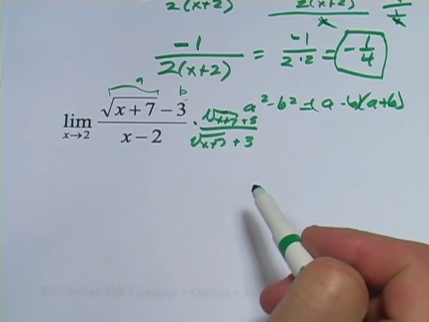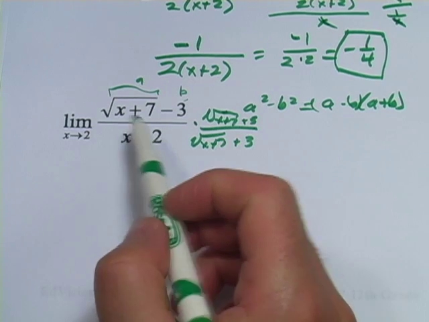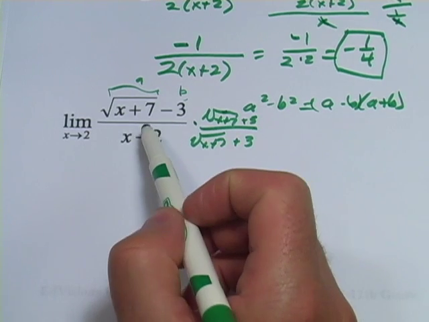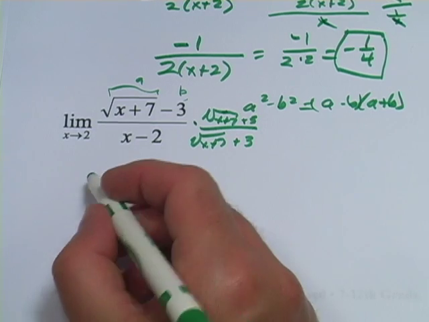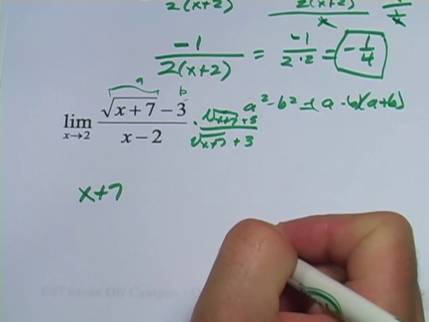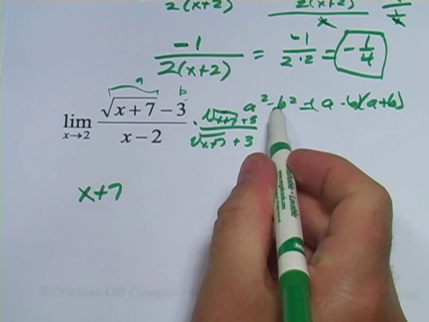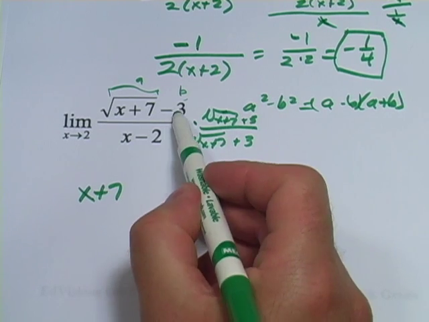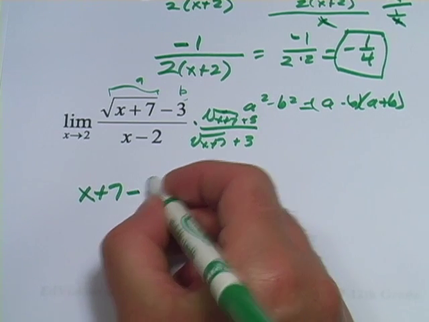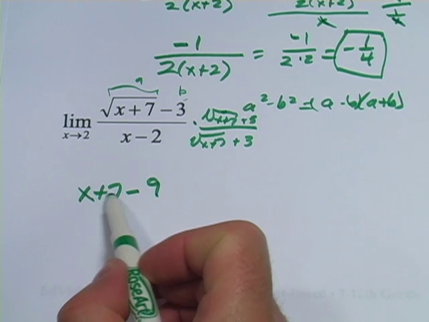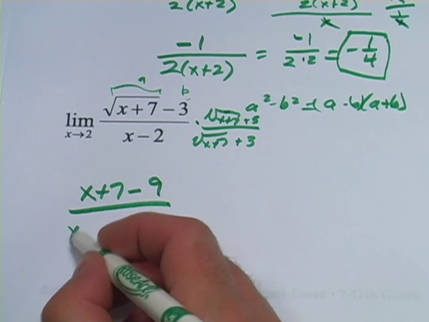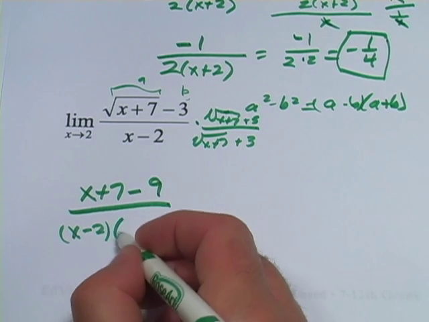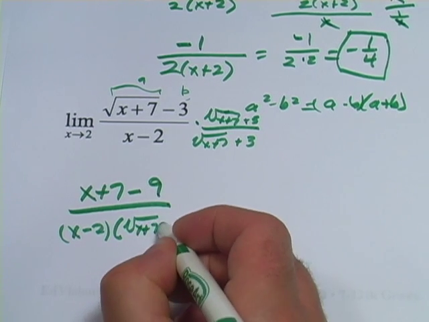So let's do that on the top. I'm going to get a squared minus b squared when I do that. Well, a is the square root of x plus 7. So a squared is just x plus 7, which is pretty nice. And then b squared is 9. So I get minus 9. That's my a squared minus b squared. And then on the bottom, I have x minus 2 times the square root of x plus 7 plus 3.